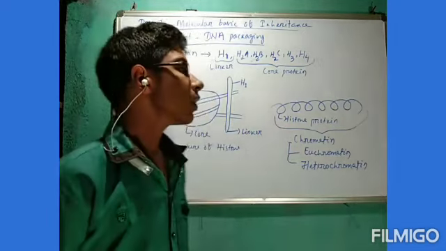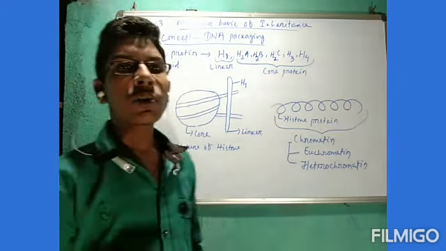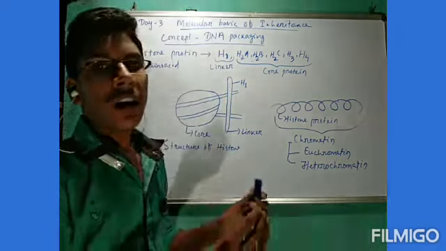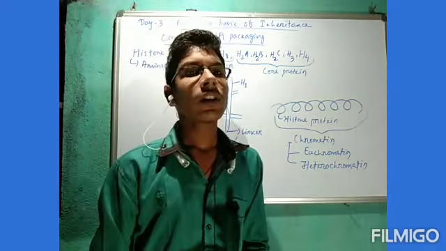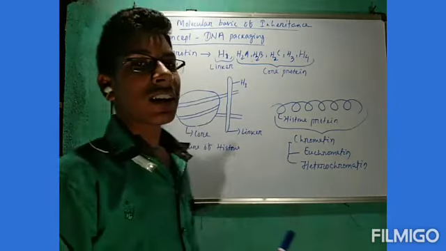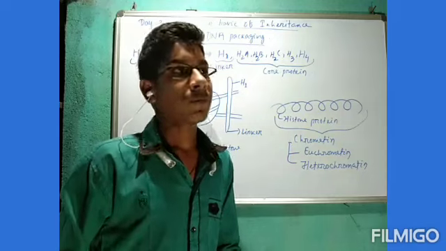The eukaryotic cell is much more complex than the prokaryotic cell. So we discuss how DNA is packed in the eukaryotic cell.